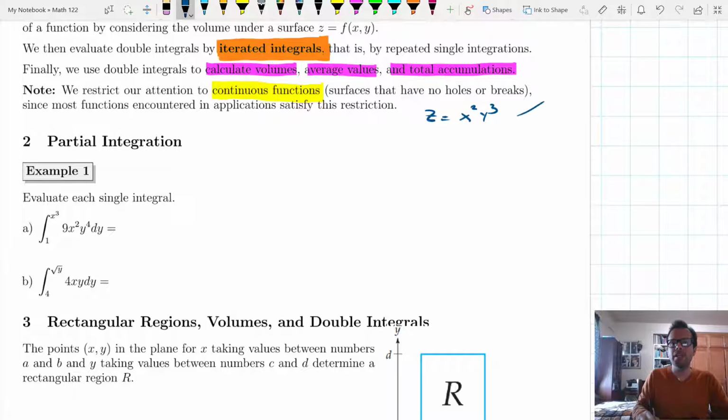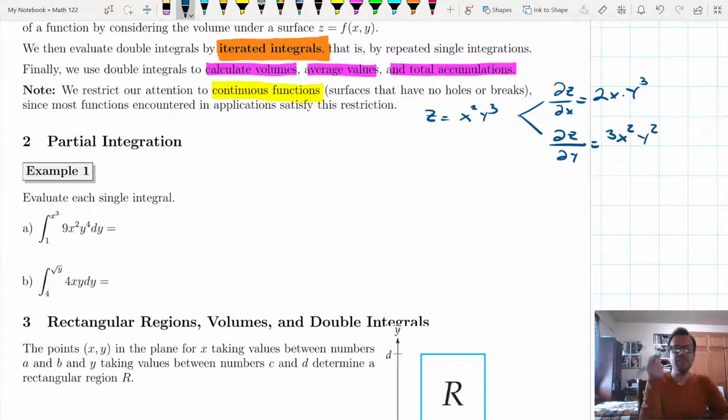We can take partial derivatives. The derivative of z with respect to x, in this case 2x y cubed, we hold y cubed constant. On the other hand, we can take the partial derivative of the function z with respect to y, and in this case we hold x constant, but we differentiate the y.